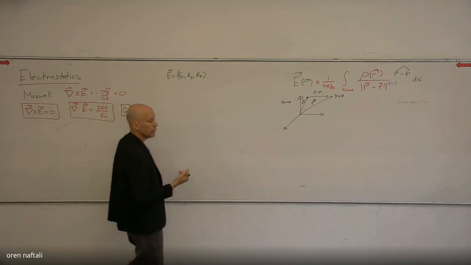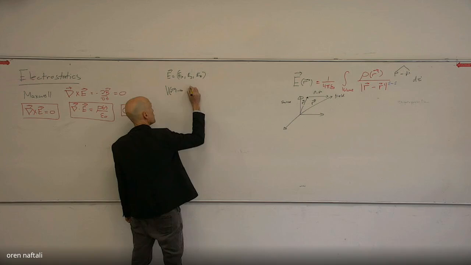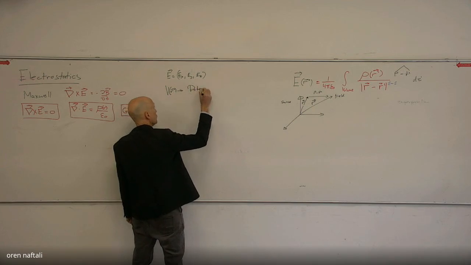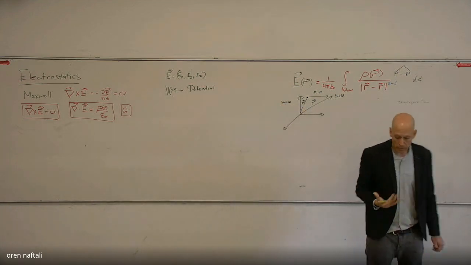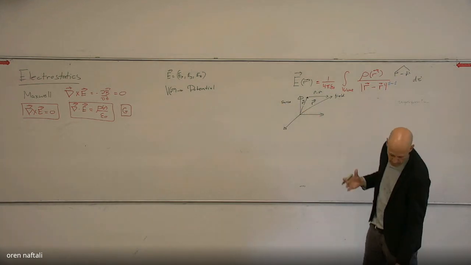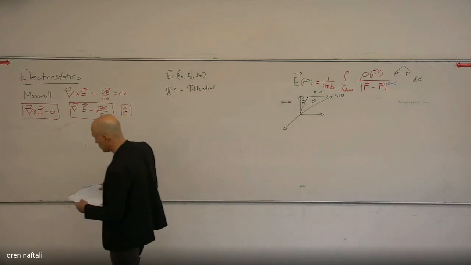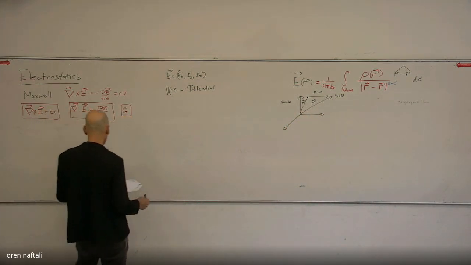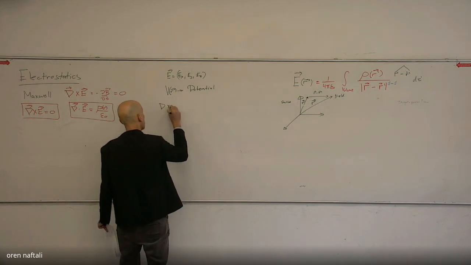The potential field is a scalar. In general, this potential field is useful because a potential is simply a scalar, and in that sense it's much easier. It also gives you information on work and energy, etc. The mathematical idea is that the curl of E is equal to 0.